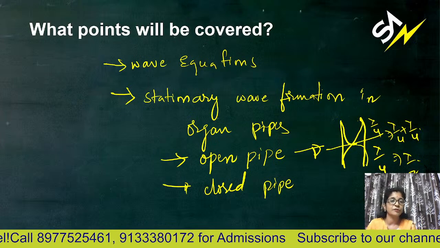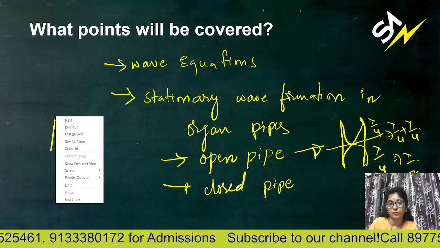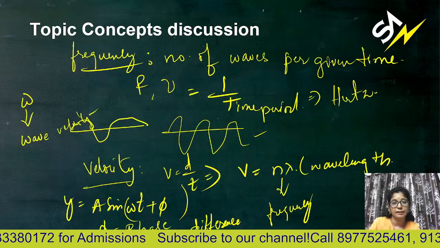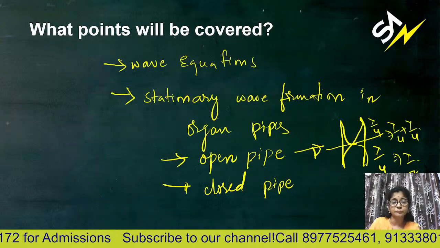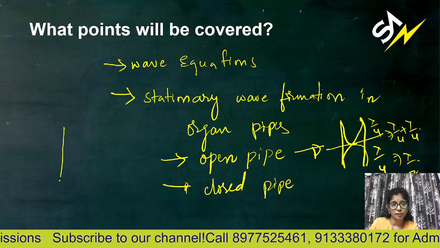Now when it comes to the closed pipe, there is an experiment to find the velocity of sound, the resonating air column experiment.